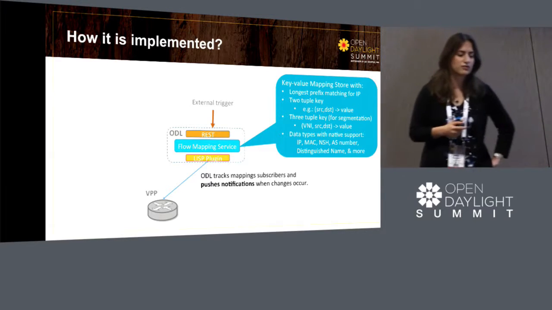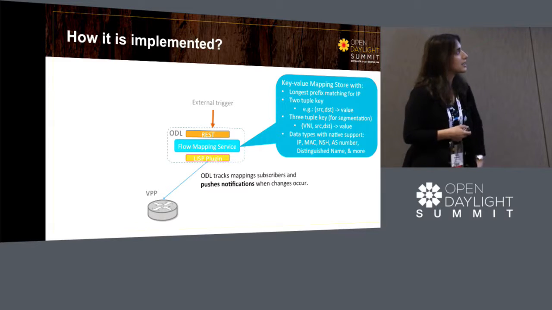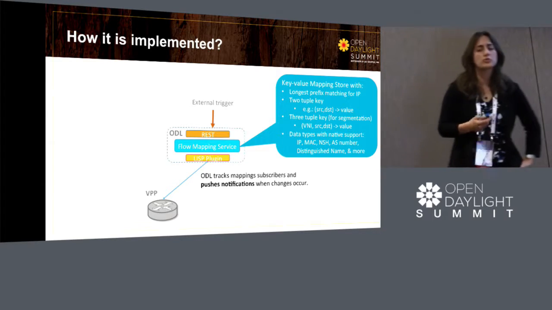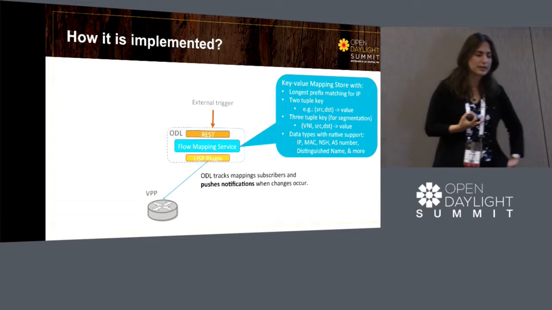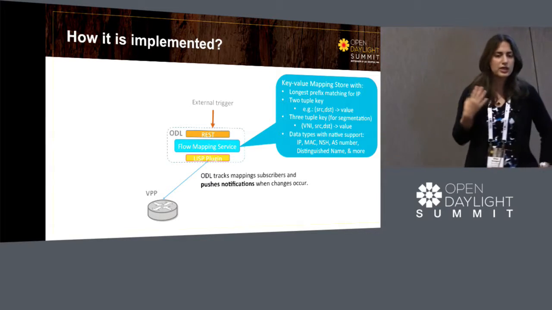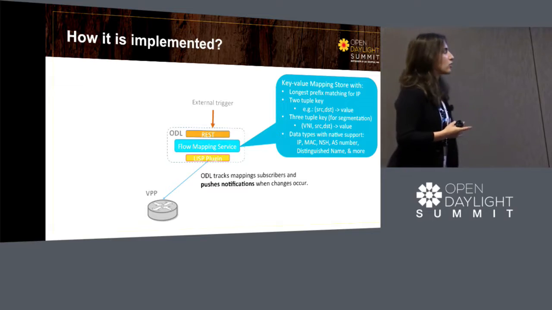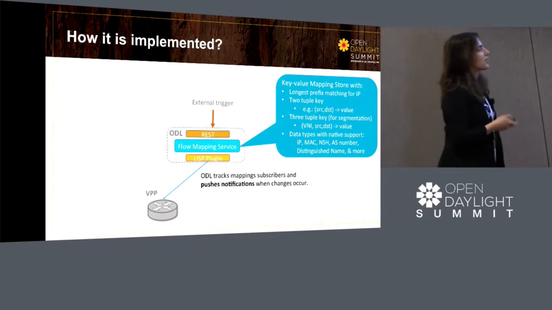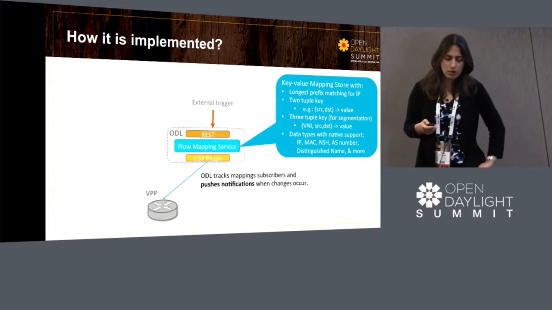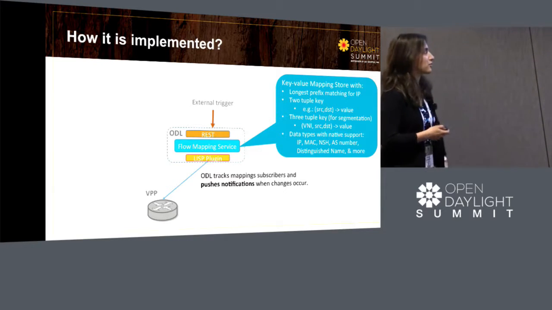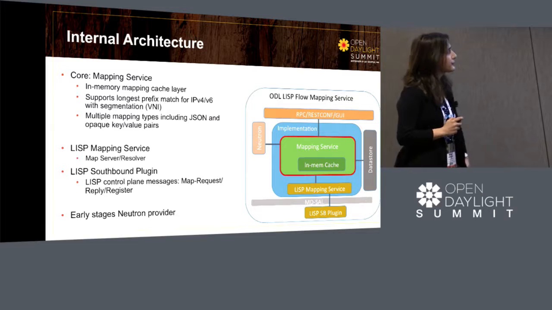So the first level would be VNI. And as I mentioned, multiple data types are supported, IP, MAC being some of them, but also NSH or service paths, distinguished names, AS numbers. So a large set of policies and mappings can be implemented natively, but we also support opaque mappings as well, so you can define your own data types.